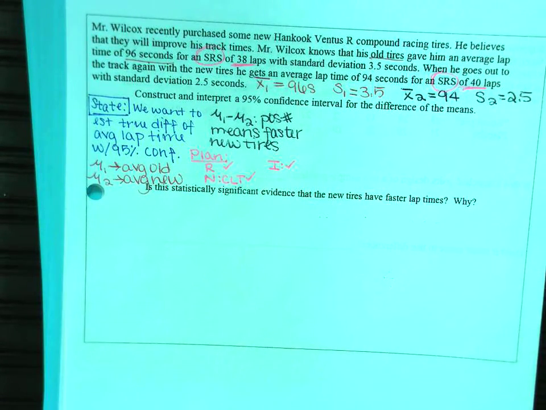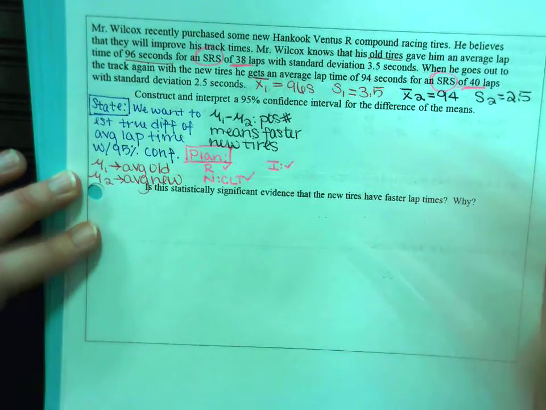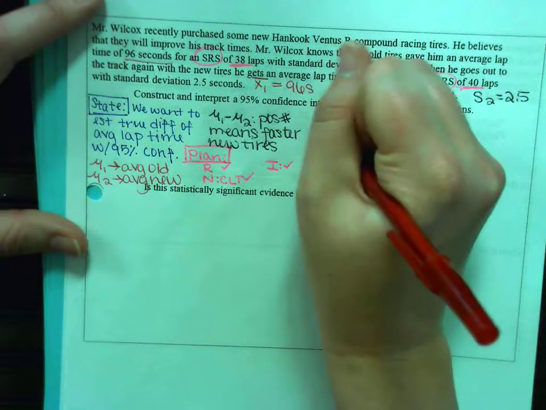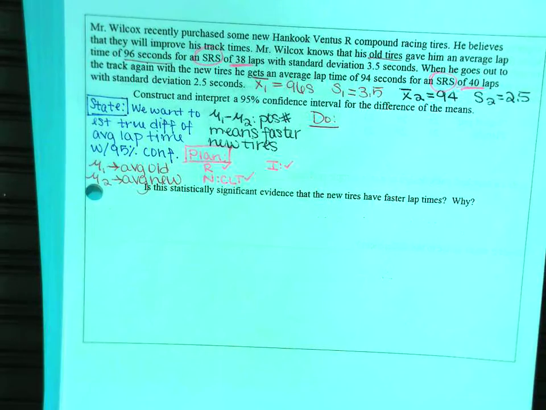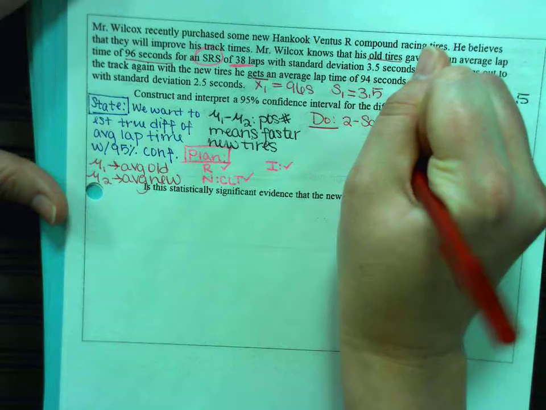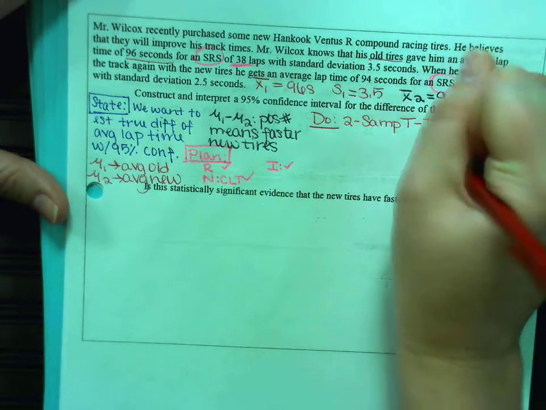Now we get to do. So I have my state, my plan. Now we're going to do. We're going to use a 2 sample T interval.